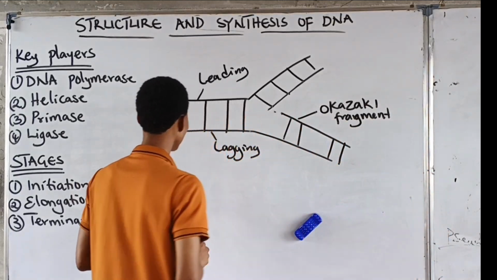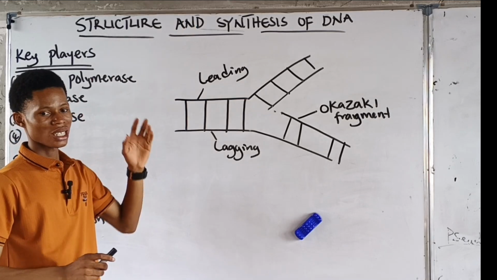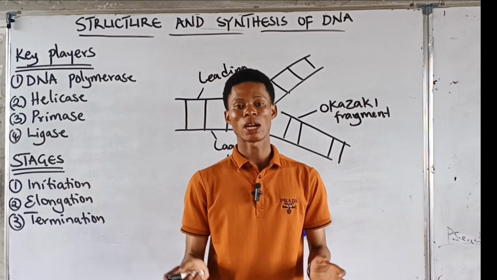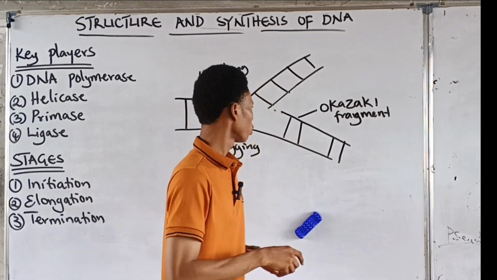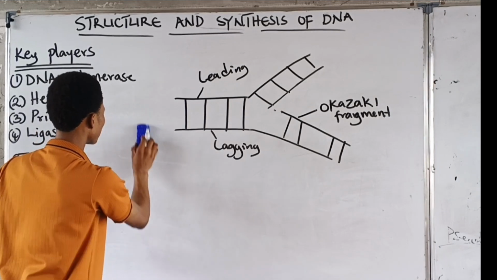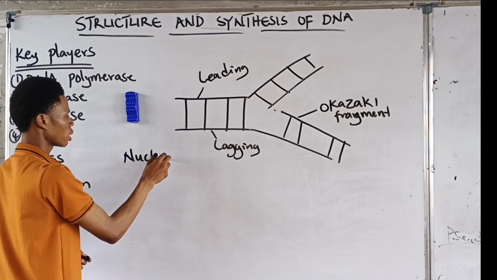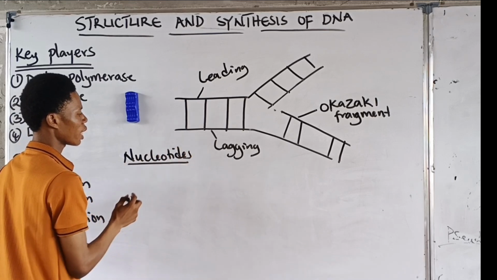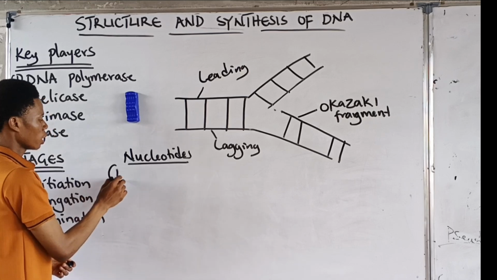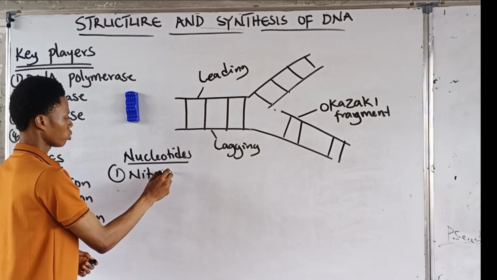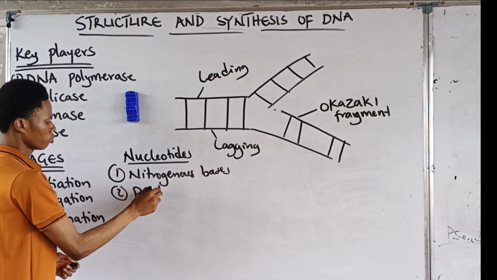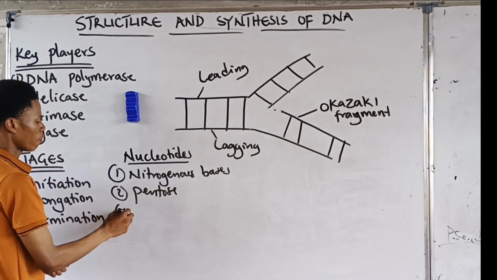Now, first, we should note that DNA is one type of nucleic acid. We have two types of nucleic acid, DNA and RNA. The building blocks of nucleic acid are called nucleotides, and the nucleotides are composed of three things: nitrogenous bases, pentose sugar, and phosphate group.